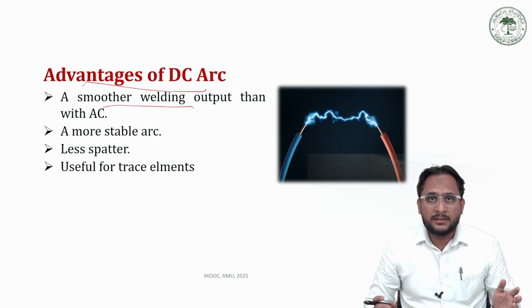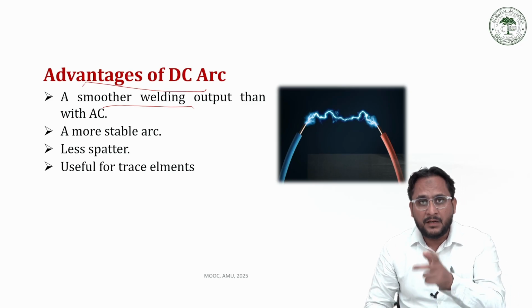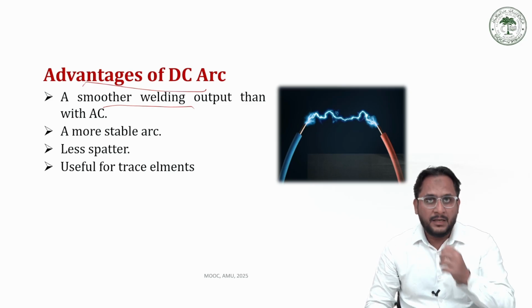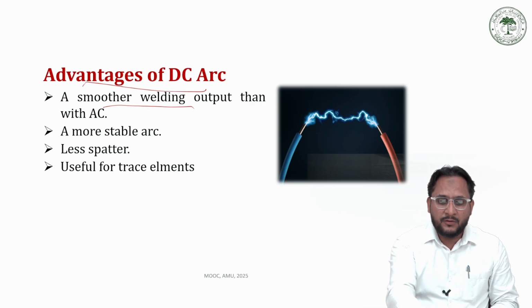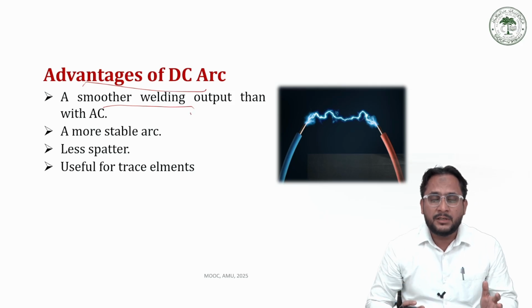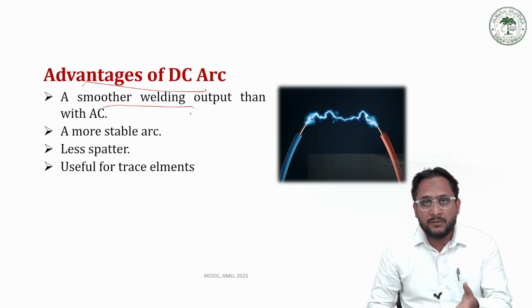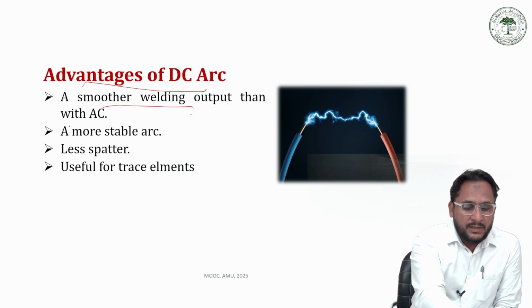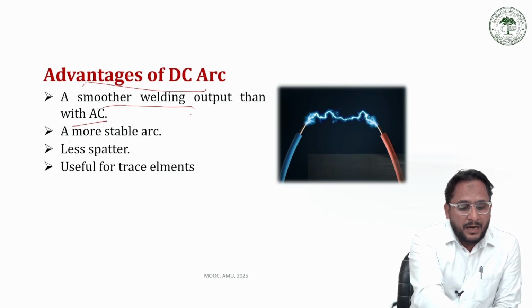shows its high energy, that it can even melt metal rods. So it has sufficient energy to melt metal rods, while we are dealing with liquid samples only. It has very high energy, even higher than our AC sources, and it has a more stable arc.